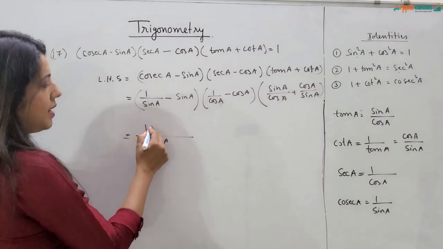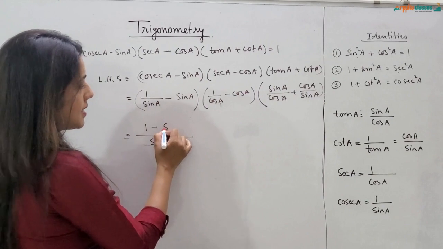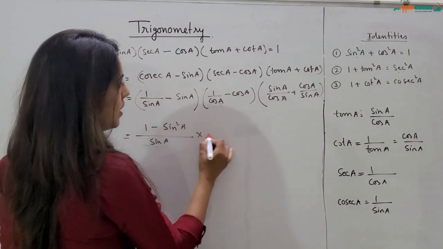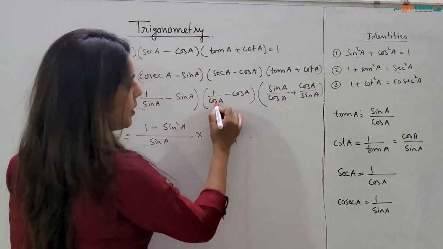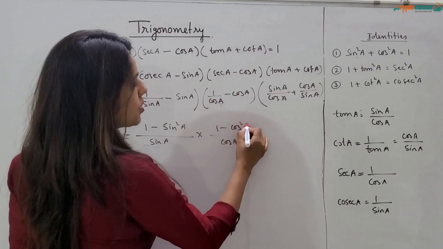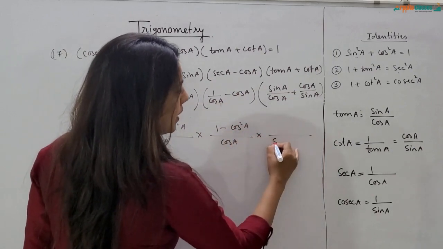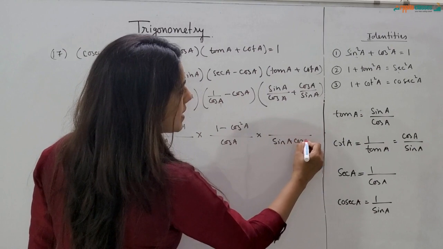So, it will be 1 minus sin square A upon sin A, into 1 minus cos square A upon cos A, into, here it is sin A into cos A as the LCM.